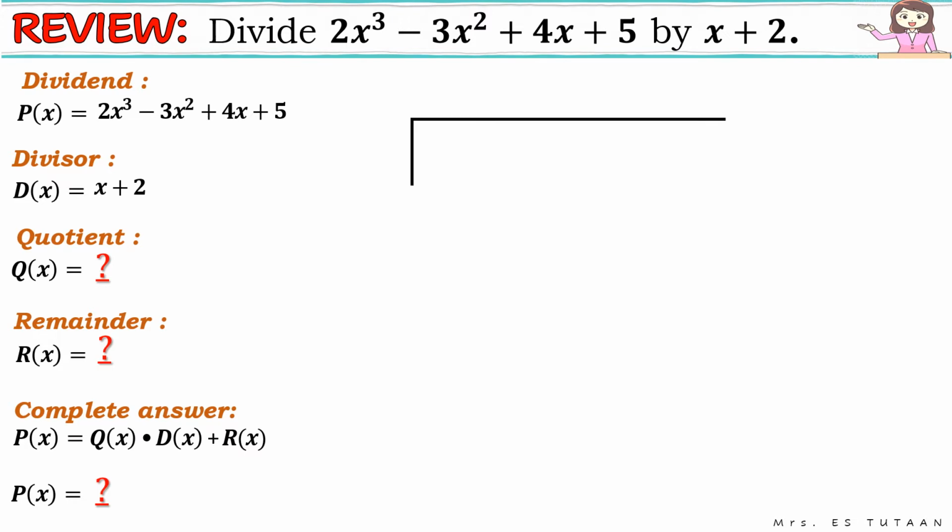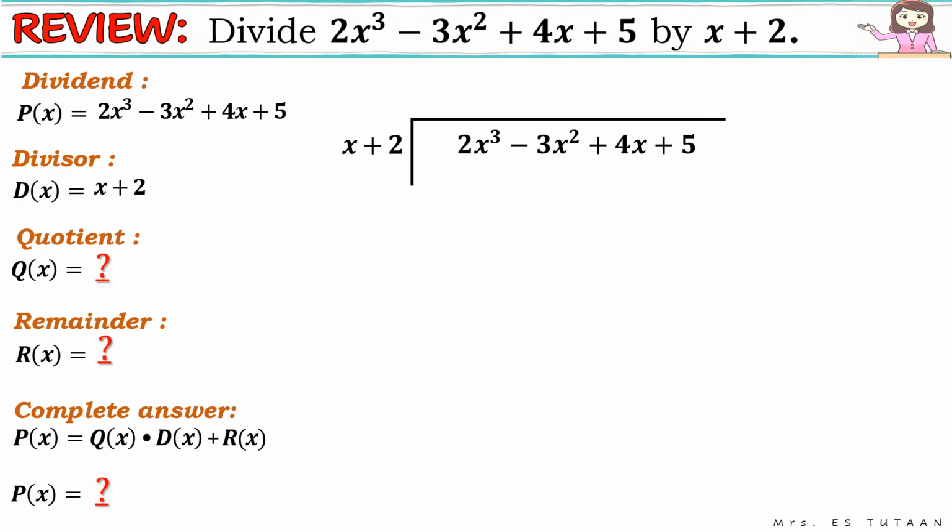So, similar to long division of whole numbers, ang nasa loob natin ng division symbol is our dividend, our p of x, at ang nasa labas ay ang ating divisor or d of x. Okay? So, titingnan natin kung ang atin bang p of x ay naka-arrange ang variables in decreasing order ng exponents.